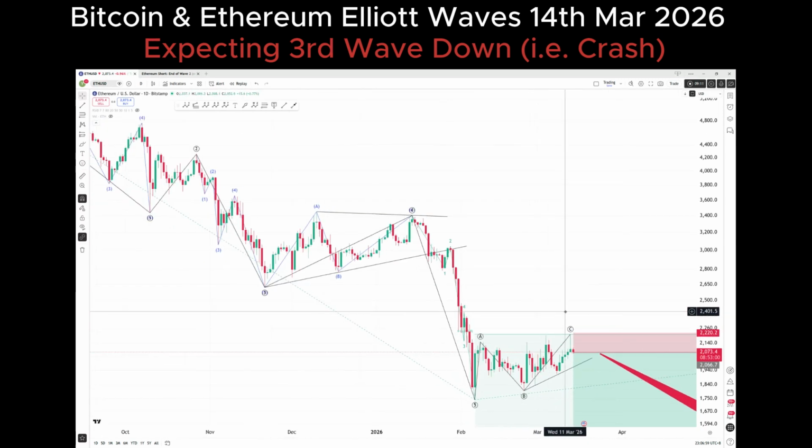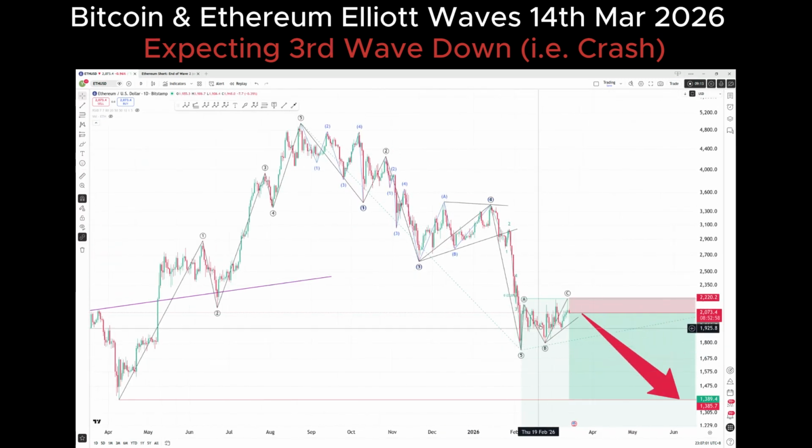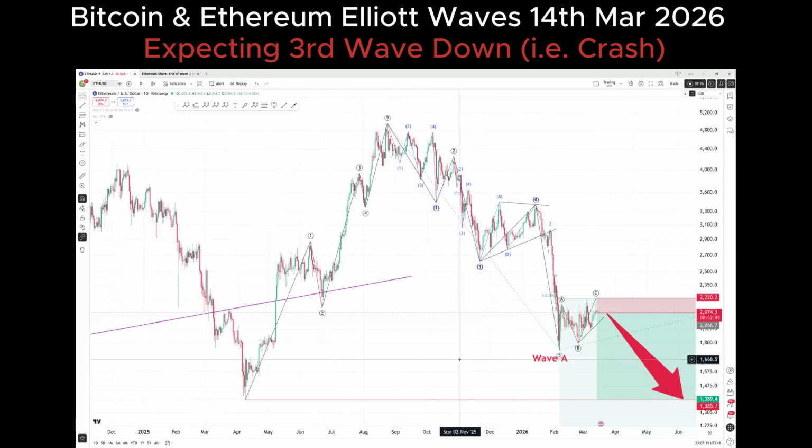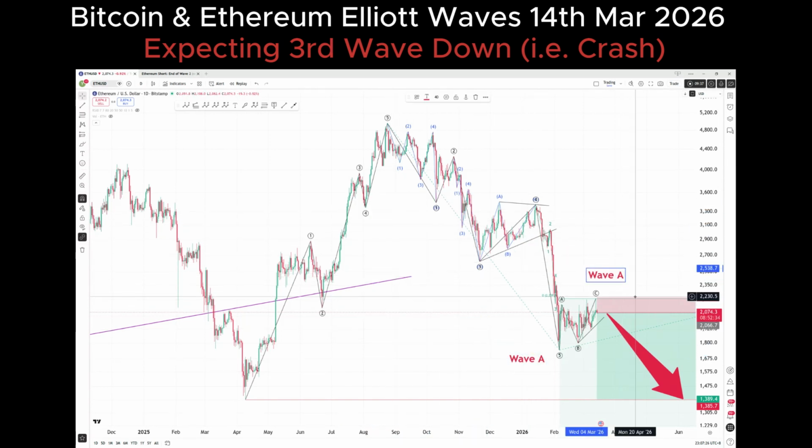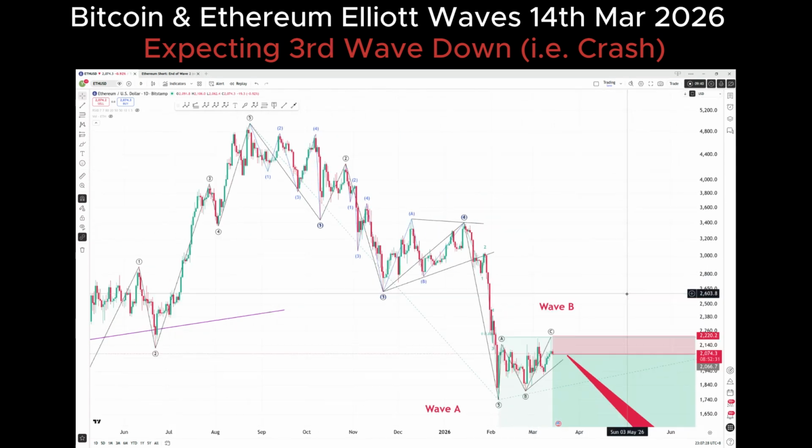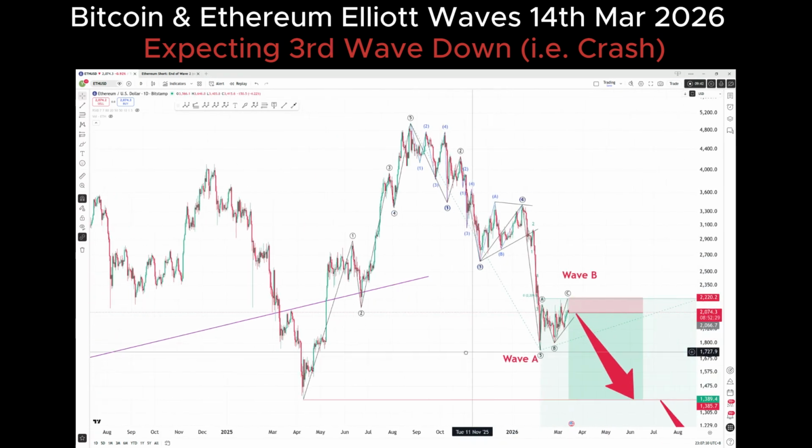So this becomes our wave 2 or wave B. So the entire move down is a wave A and then a wave B. So this one becomes a wave A. Okay, wave A. And then we have another one, which is a wave B. And so over here, actually, we are going to a wave C.